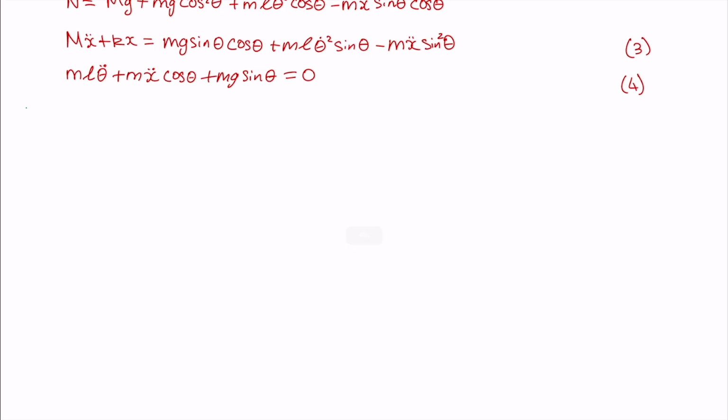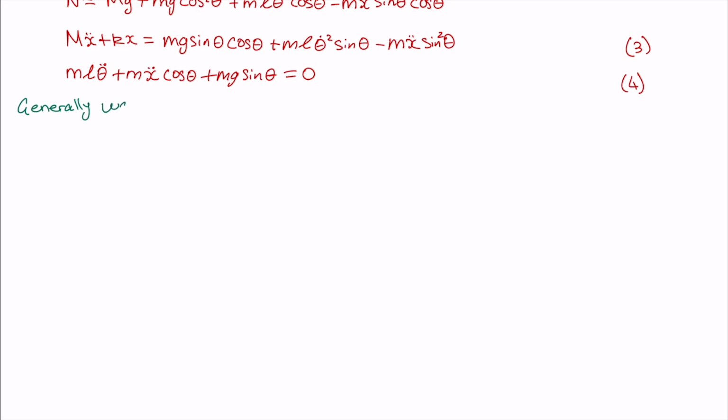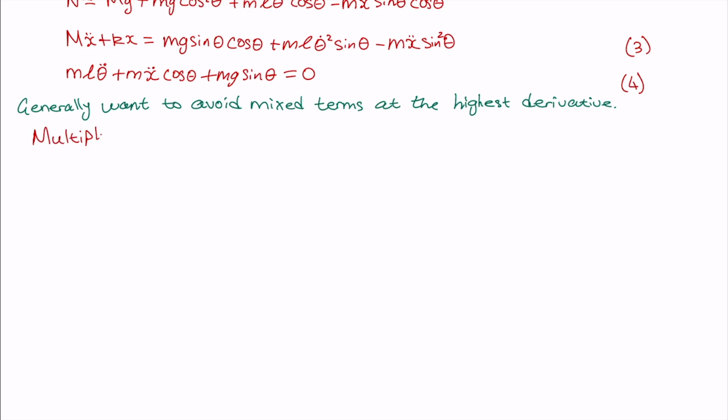So we're just going to write here that we generally want to avoid mixed terms at the highest derivative. To avoid this, we're going to multiply equation 4 by cosine theta and add to equation 3.